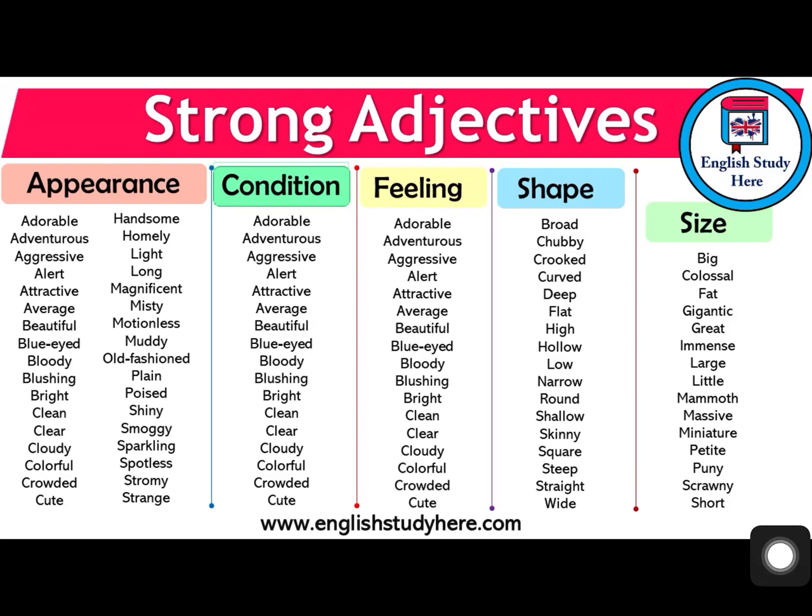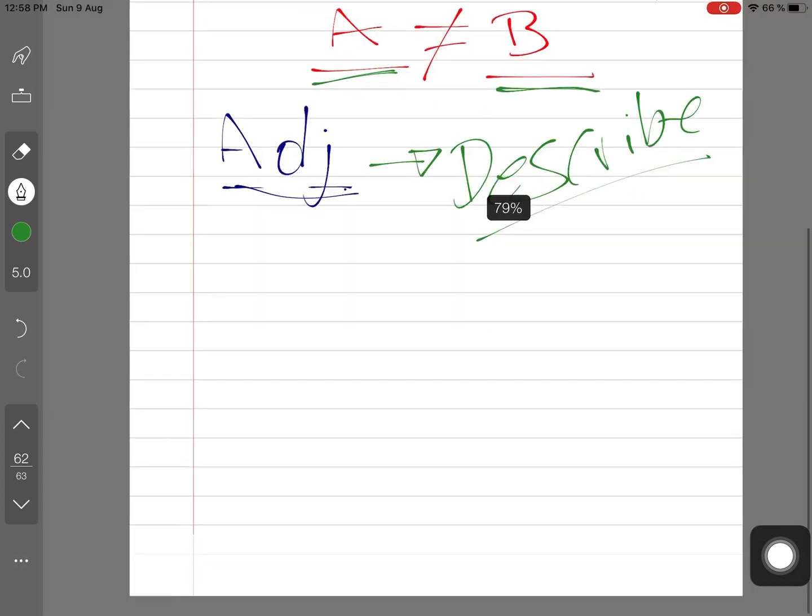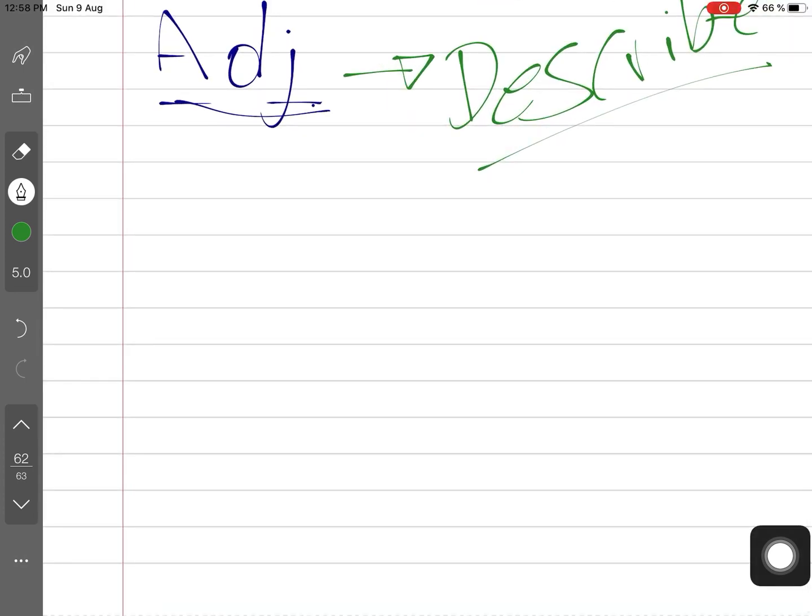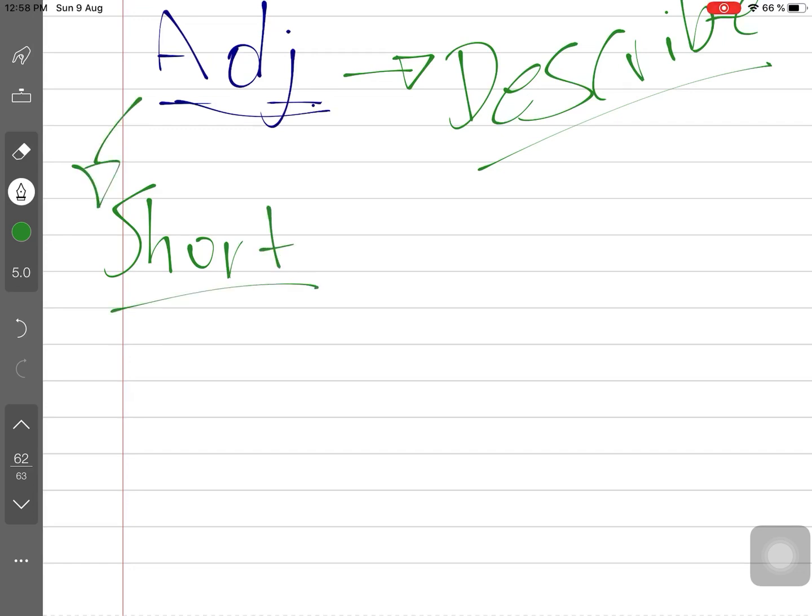That function is important for us. Why? Because it's important to know that if the adjective is short, you have to include in a comparative way the er. Yes?